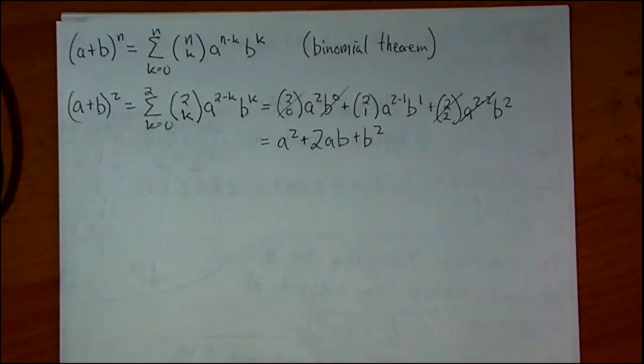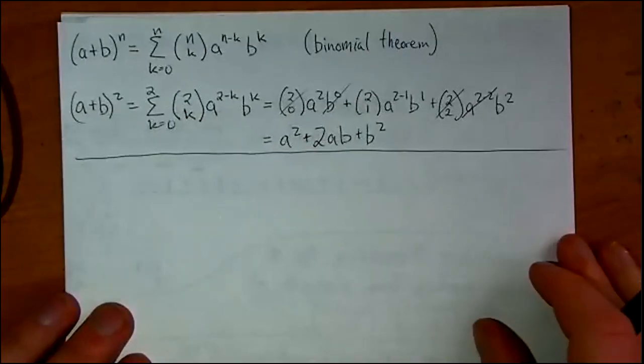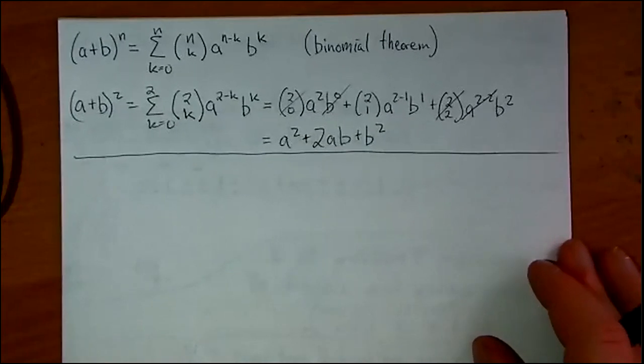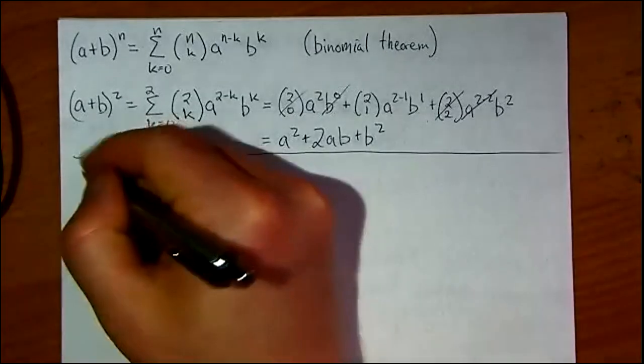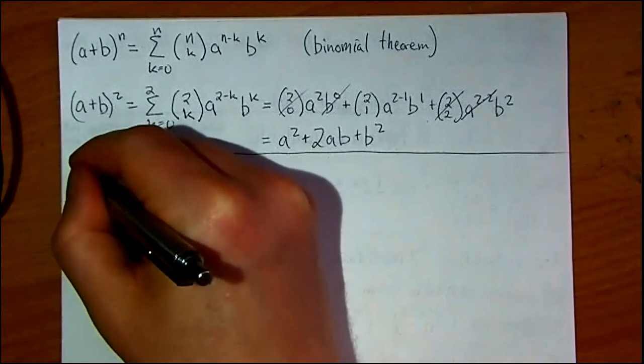Okay, so let's do something a little bit interesting. Let's say that I want to find the sum of all the different ways of choosing some number of objects out of n of them. In other words, I want to find, well, let me do it this way.